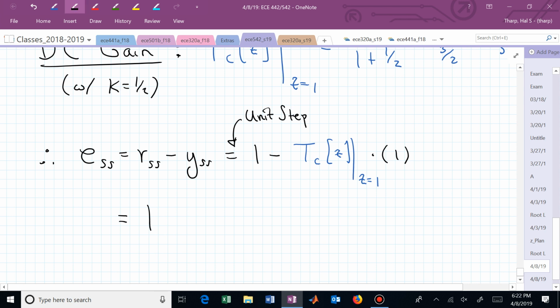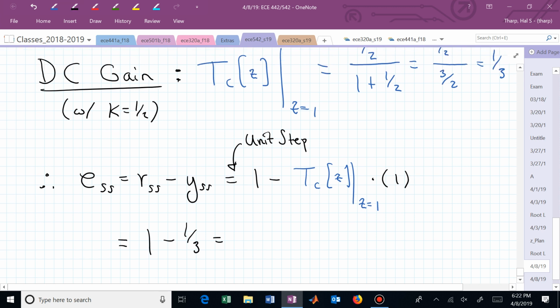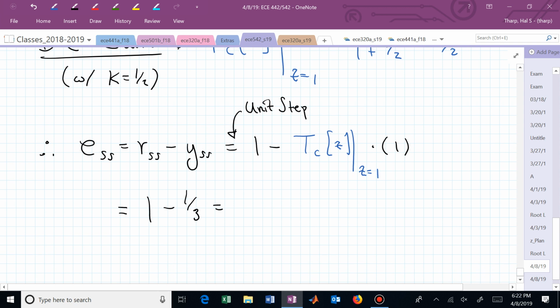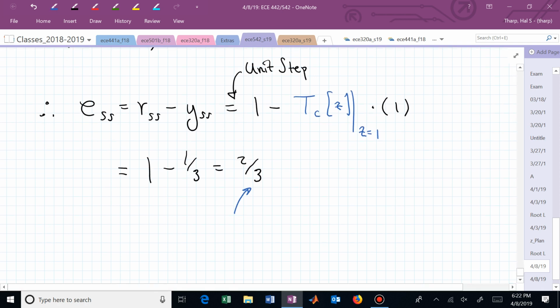Or we now have an error at steady state of 1 minus 1/3, since our DC gain was 1/3 and we're scaling it by 1, we now have an error of 2/3. We put in 1, we get out 1/3. Is that acceptable? Depends on the system.